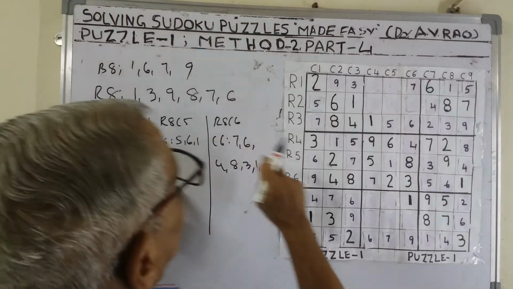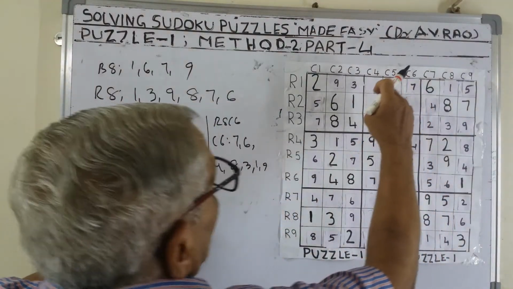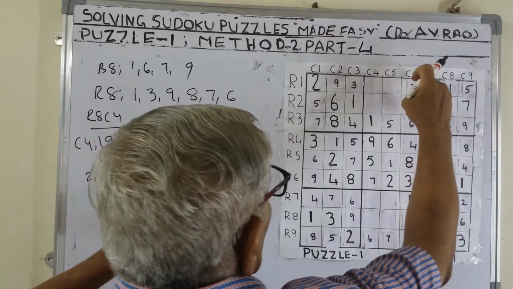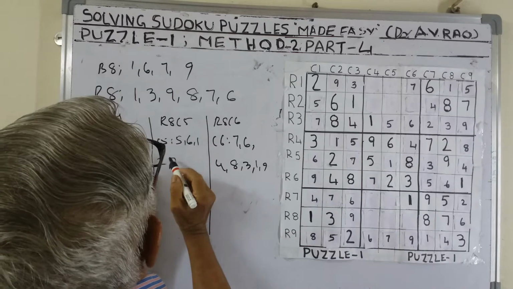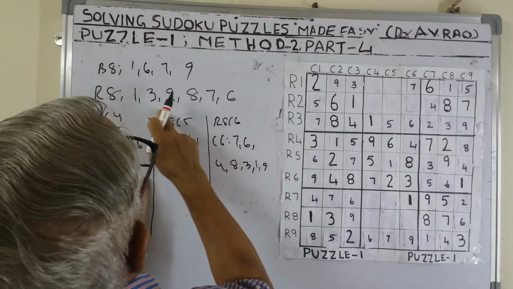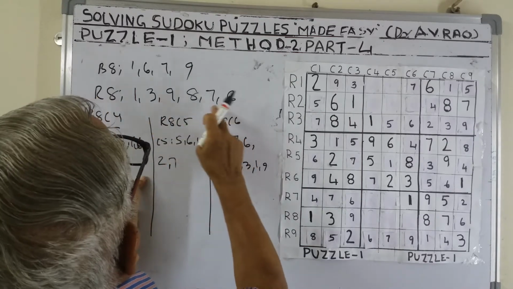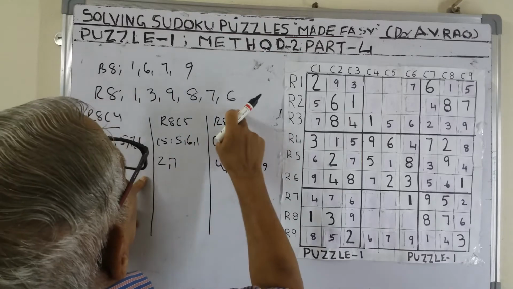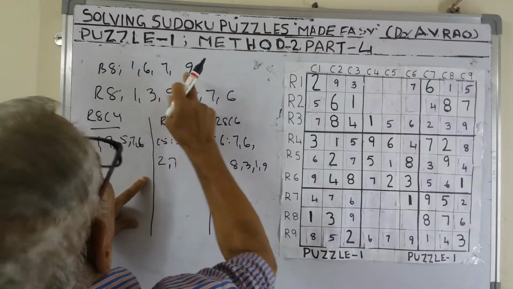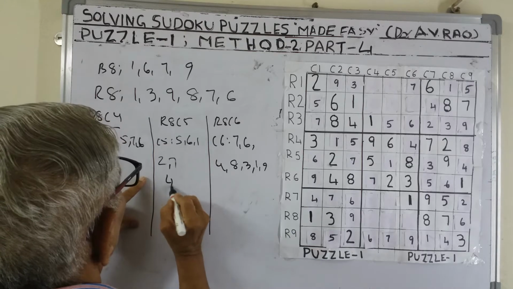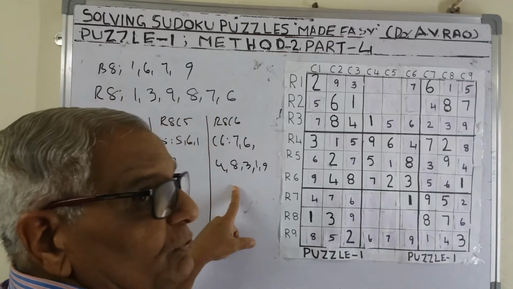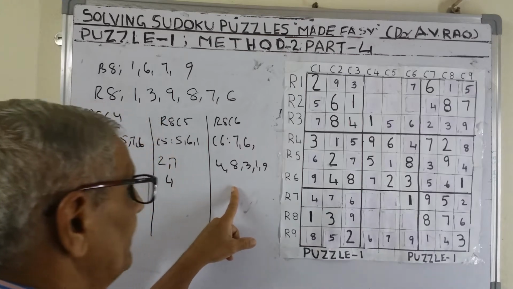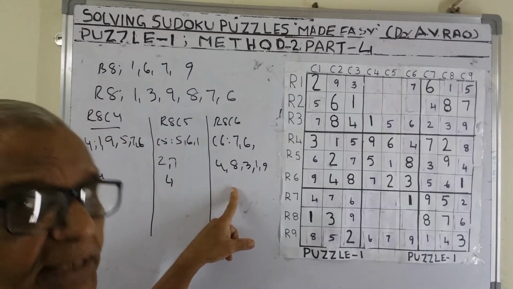Now coming to C5. 1 is there, 2 is there, 3 is there, 4 is not there, 5 is there, 6 is there, 7 is there, 8 is there, 9 is there. So in this we have to fill only 4. This is to make you understand how to identify which cell must be taken first.